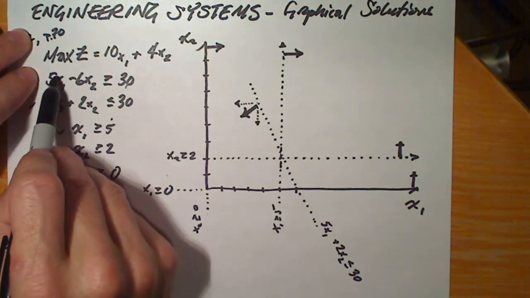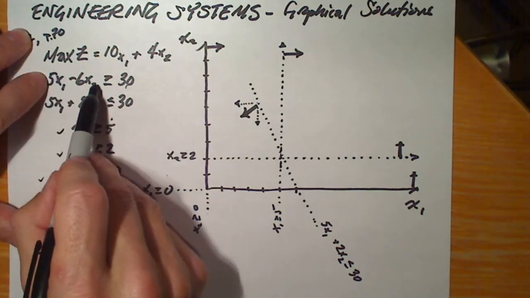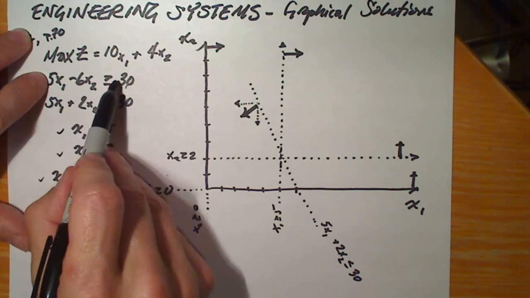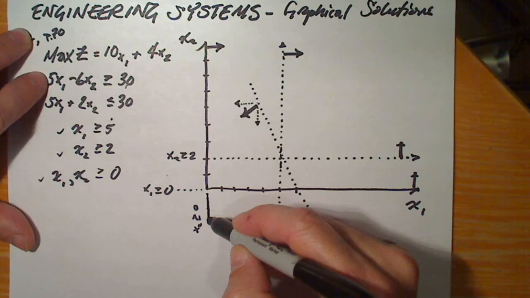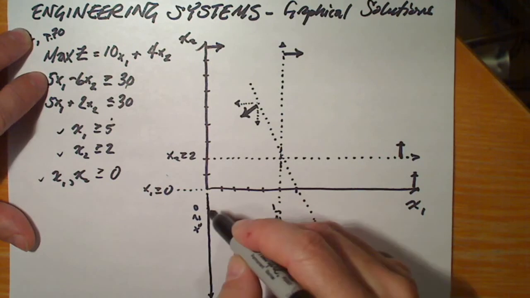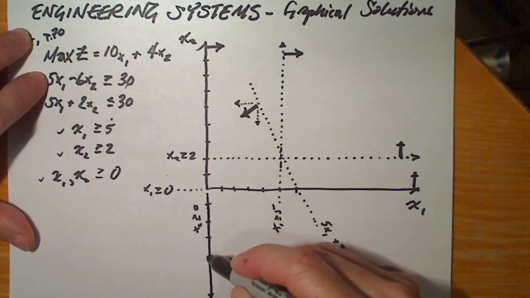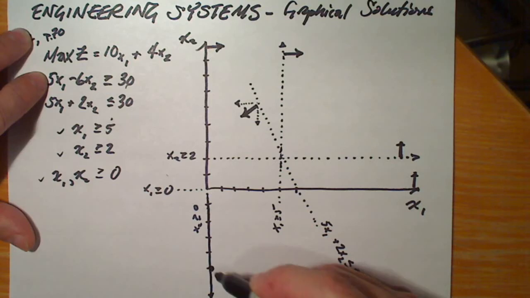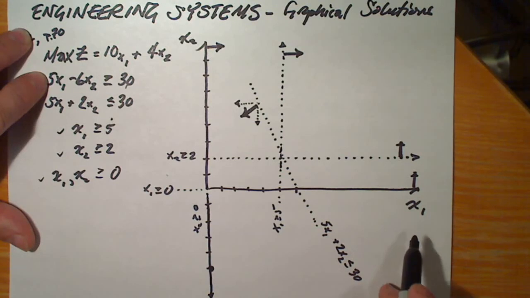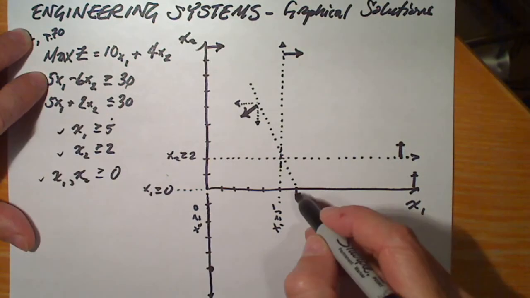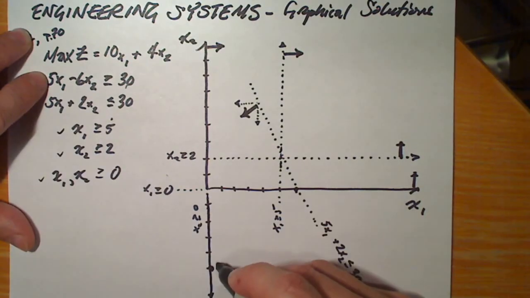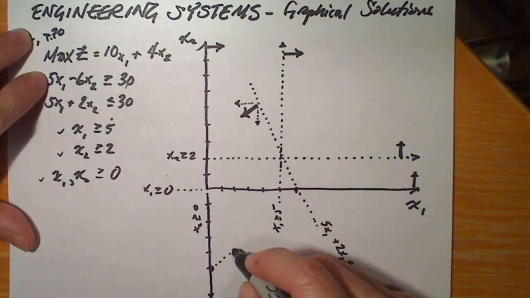When x1 equals 0, x2 must be, watch the negative sign, greater than negative 5. That intercept goes right here. And when x2 is 0, x1 must be 6. So the constraint equation looks like this.